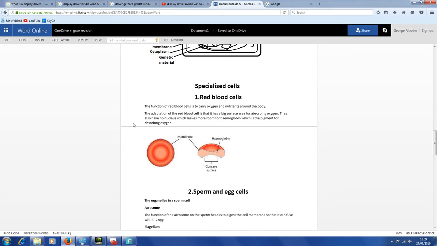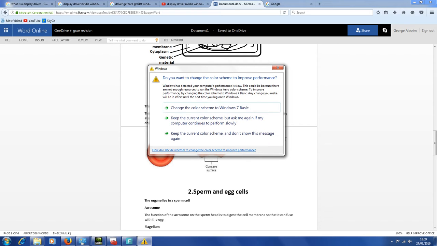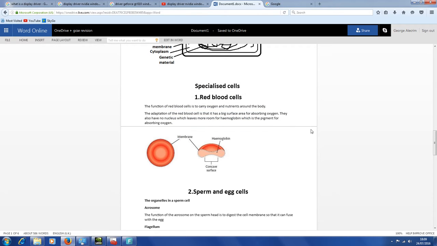Now an adaptation is what I've written, which is the red blood cell having a large surface area for absorbing oxygen. Because the larger the surface area is, the more space and chance it has to absorb the oxygen. They also have no nucleus, which is also another adaptation, and they contain hemoglobin, which is the pigment for absorbing oxygen.